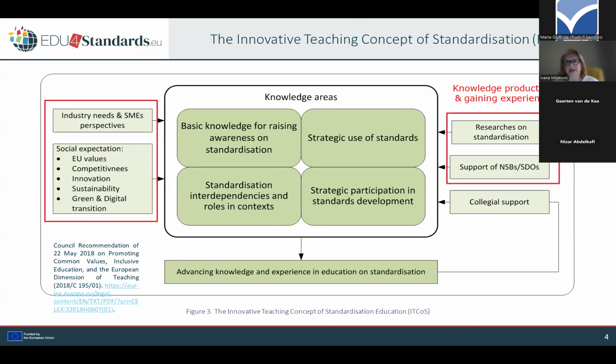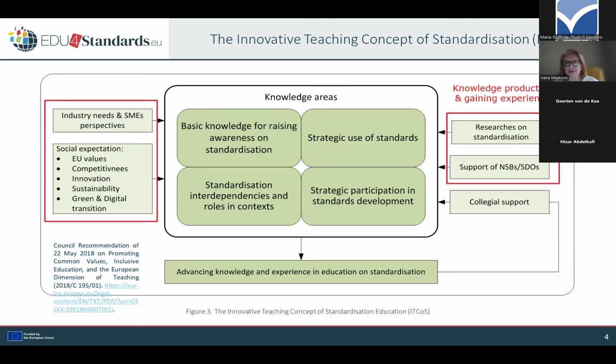So the idea behind the innovative teaching concept of standardization is that teaching should be based on industry needs. We specifically addressed the perspective of small and medium enterprises and social expectations: EU values, competitiveness, innovation, sustainability, green and digital transition.